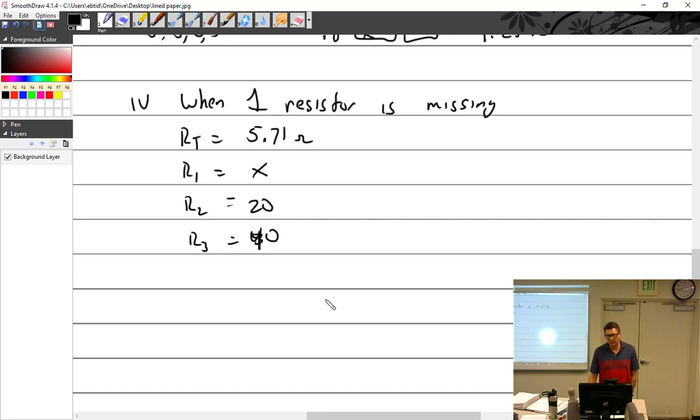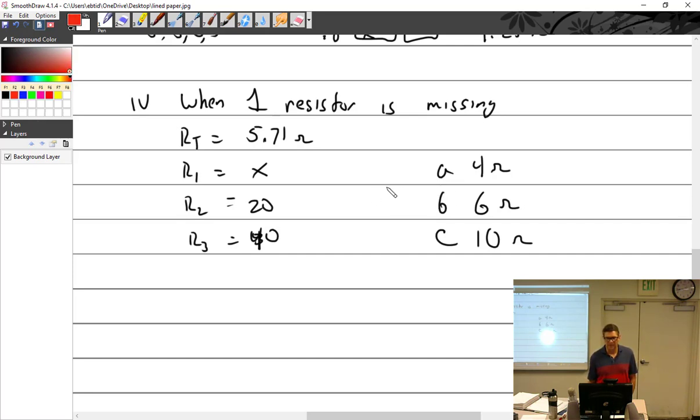So they give you A, B, and C. A is 4 ohms, B is 6 ohms, and C is 10 ohms. And there's your problem. How are you going to solve that? Plug and go. Okay, first of all, it's what?